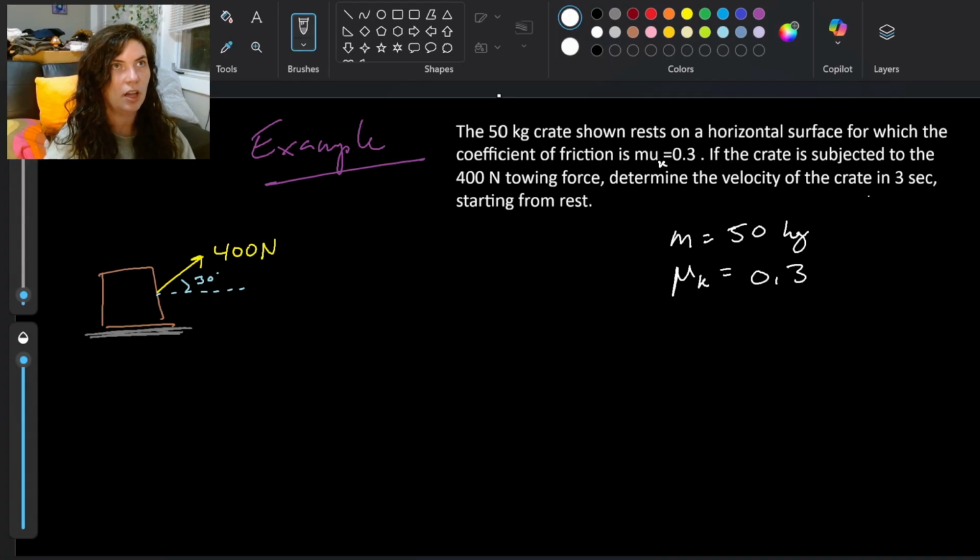We want to find the velocity of the crate in 3 seconds, so we're finding v at 3 seconds. If the crate starts from rest, we know the initial velocity is 0. We're working in SI units, so it's 0 meters per second.